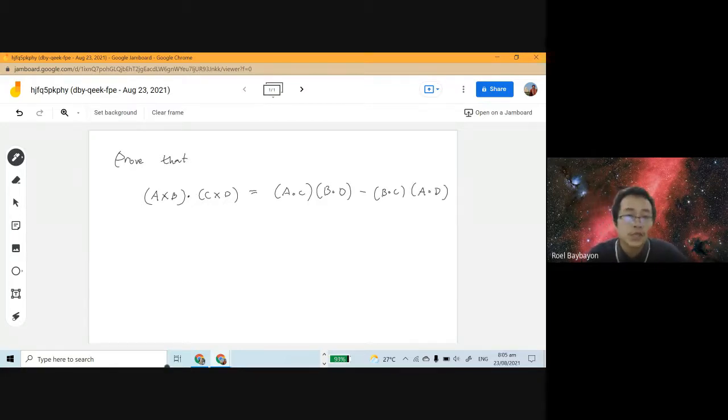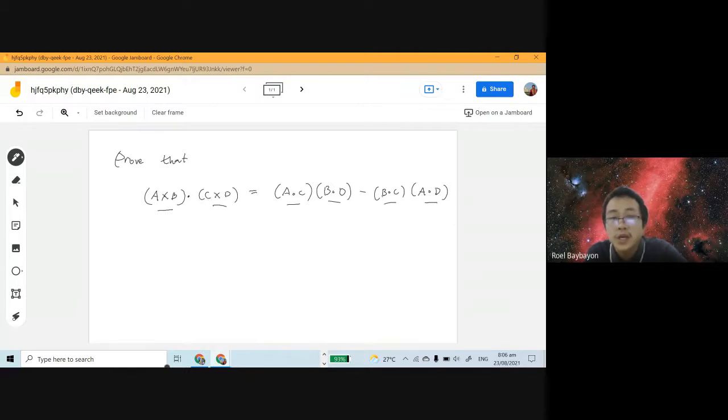You have to take note that this is a dot product, okay? Kaya nakoy cross, which is a vector, cross product also a vector, but i-dot din mo na isang duha ka vector, your answer will be a scalar product. So ang answer ani must be scalar. As you notice sa right side sa equation, A dot C is scalar, B dot D is also scalar, B dot C is also scalar, A dot D is also scalar.